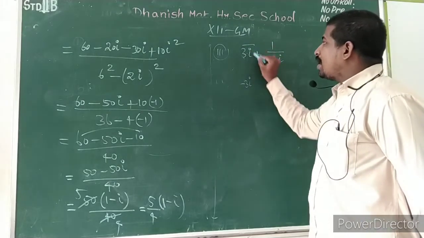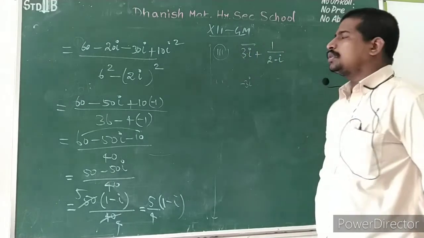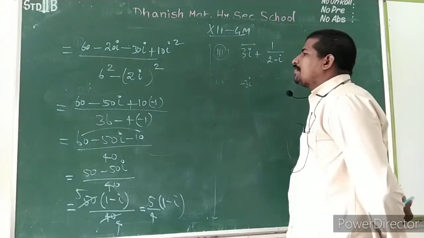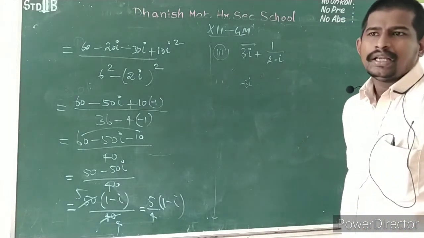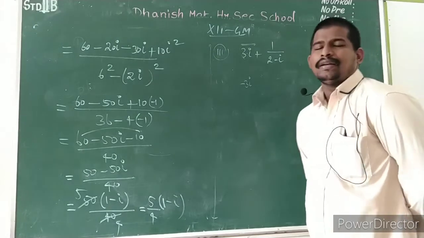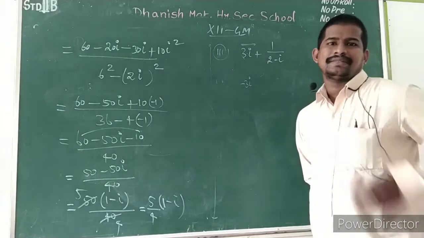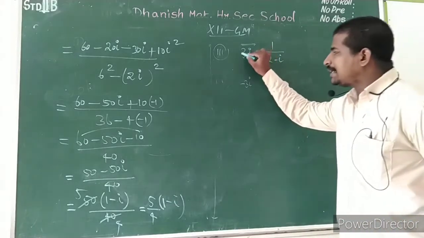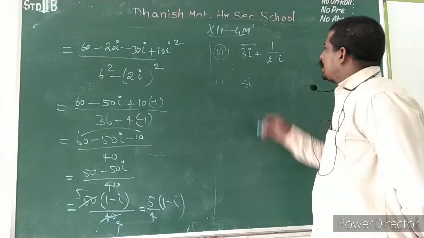We should take the conjugate for this because we are having the conjugate bar. So the conjugate of 3i is minus 3i. For any complex number, we can get the conjugate just by replacing plus i with minus i. Here we are having plus 3i, so I am going to write minus 3i.